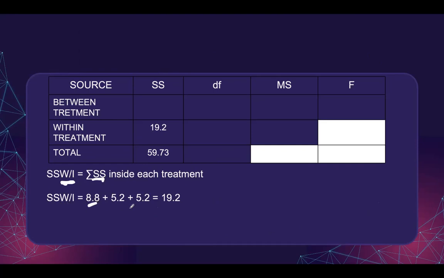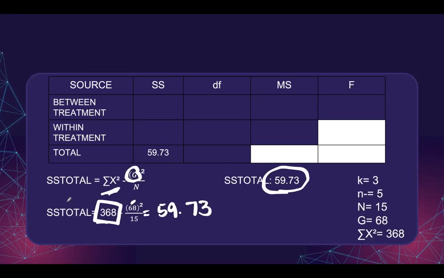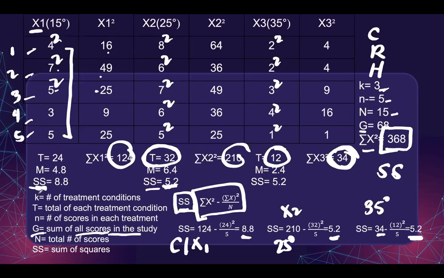These are the ones we computed. So 8.8 plus 5.2 plus 5.2 is 19.2. So our sum of squares within the treatment is 19.2. Remember, the within sum of squares of the treatment was gotten from these. So we have already computed this.